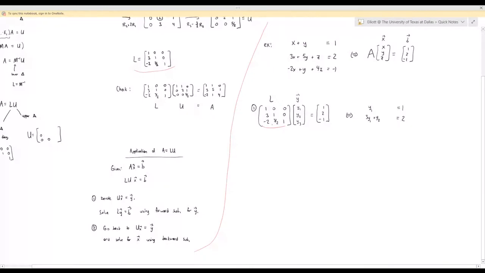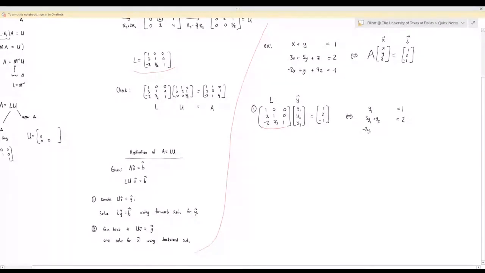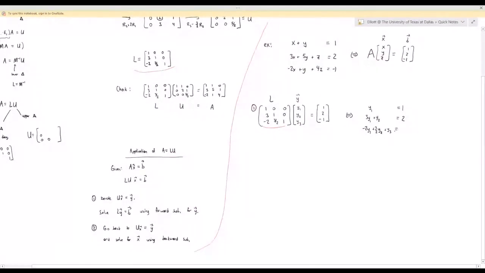And then the third equation is -2y1 plus 3 halves y2 plus 1 of y3 equals -1. And essentially, because L is lower triangular, we can easily solve the system by doing forward substitution.